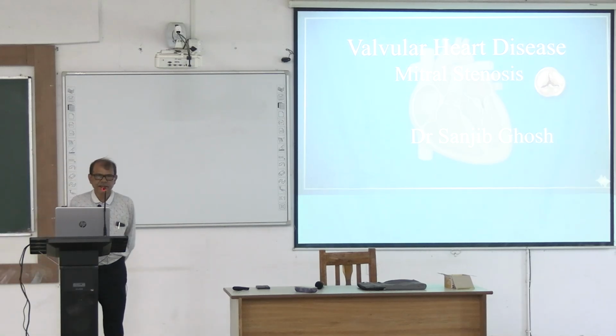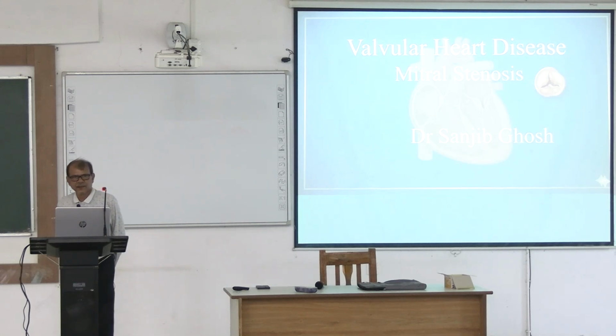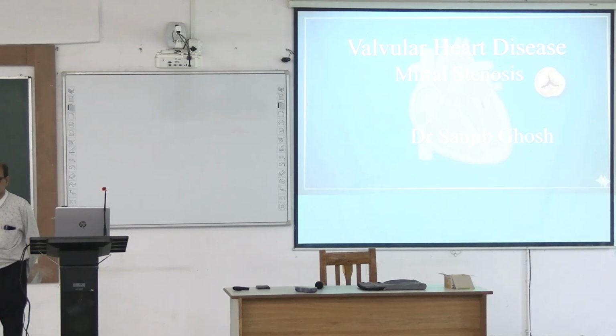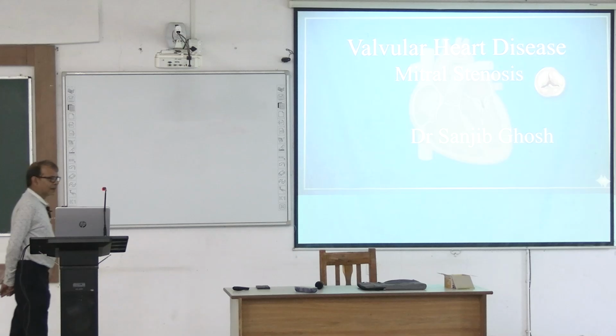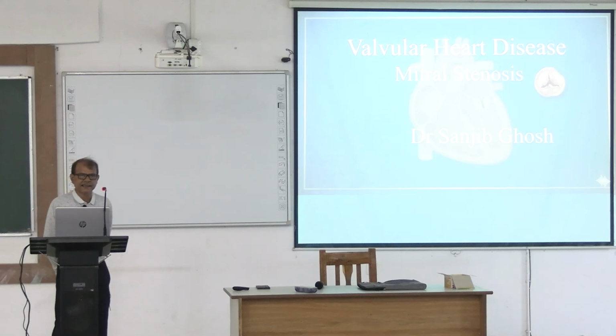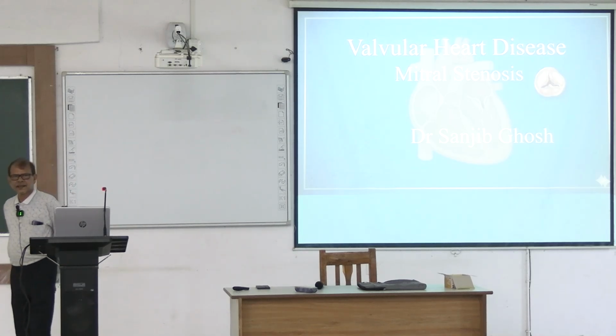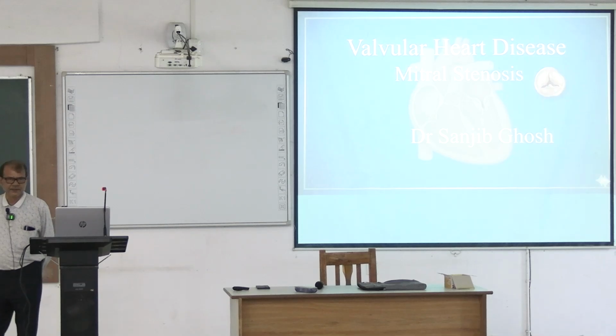Valvular heart disease may involve mitral valve, aortic valve, and least commonly tricuspid valve, and virtually involvement of the pulmonic valve is the secondary involvement. That means as a consequence of either mitral or aortic valve abnormalities.